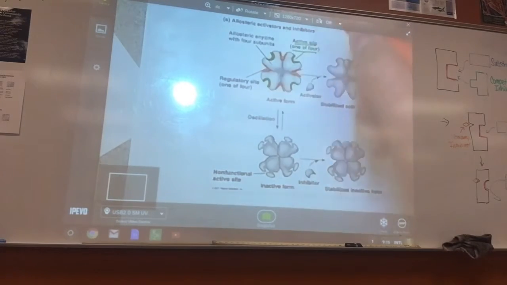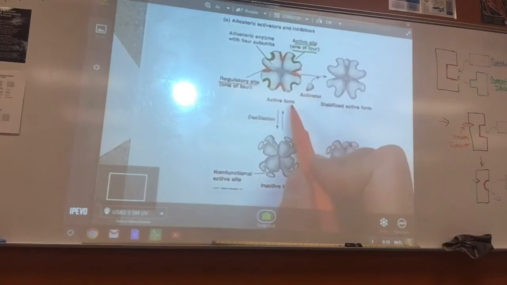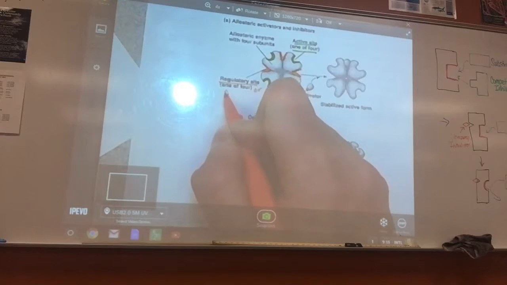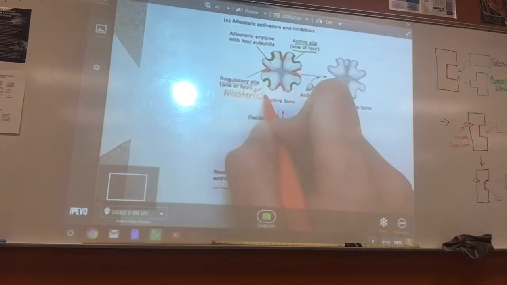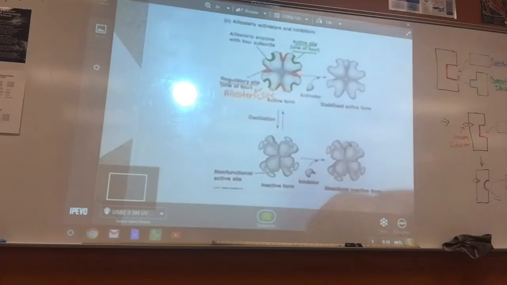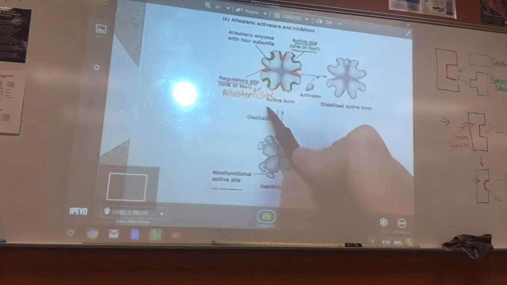They call this site the regulatory site, and there's 4 of those in this one. This is otherwise called the allosteric site. So there's a different site away from the active site, and that's the active form of this enzyme, meaning that this is the right shape of the active sites to make this enzyme work. So this is the active one.